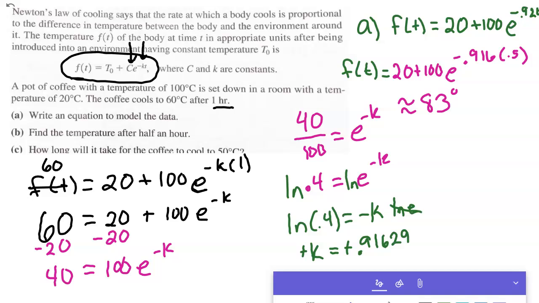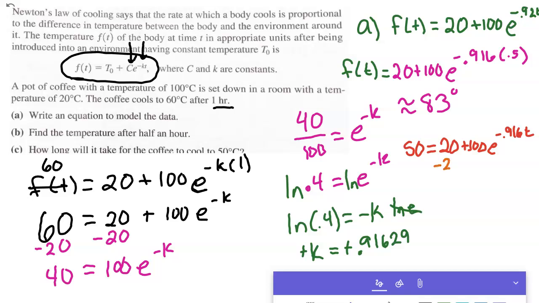And then for part C, how long will it take for the coffee to cool to 50 degrees? Well, again, we can go ahead and just plug 50 degrees into this thing. So 50 equals 20 plus 100 e to the negative 0.916 t, and we're going to solve that equation for t.